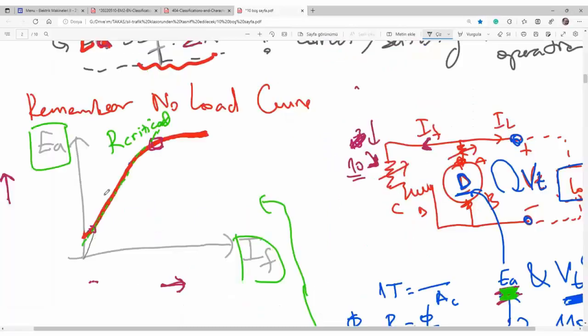Let's say here is total resistance 1. You have added some extra resistances here, and you have total resistance 1. In such a case, the possible operating voltage will be this.